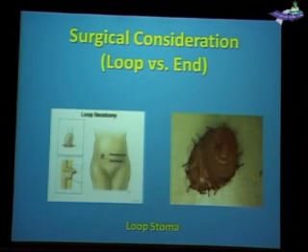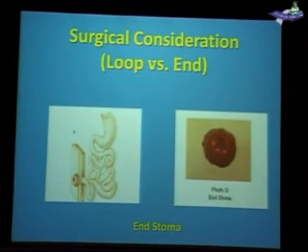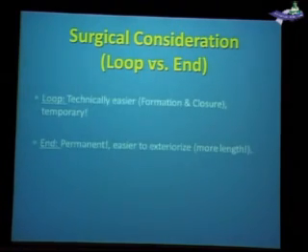So loop versus end. This is on the right-hand side. This is a loop ileostomy, and again, this is another cartoon of a loop ileostomy, and this is an end ileostomy. Loop is technically easier. What I mean by technically easier is you probably would not need a big laparotomy to get the loop out.